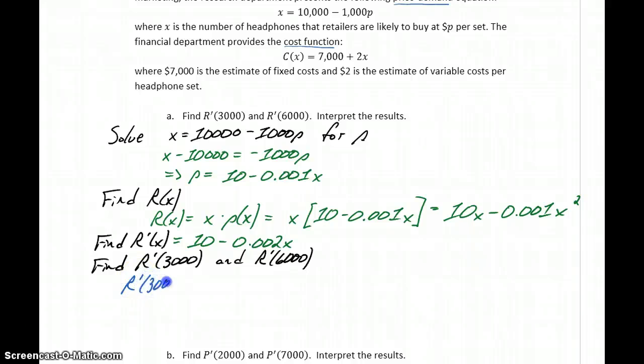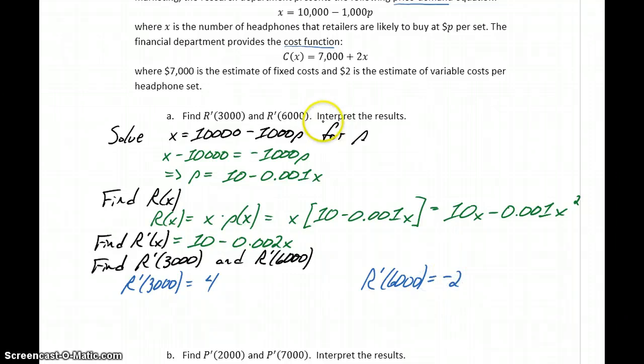So R prime of 3,000, or our marginal revenue function evaluated at 3,000, is going to give us 4. And our marginal revenue function evaluated at 6,000 is going to give us negative 2.